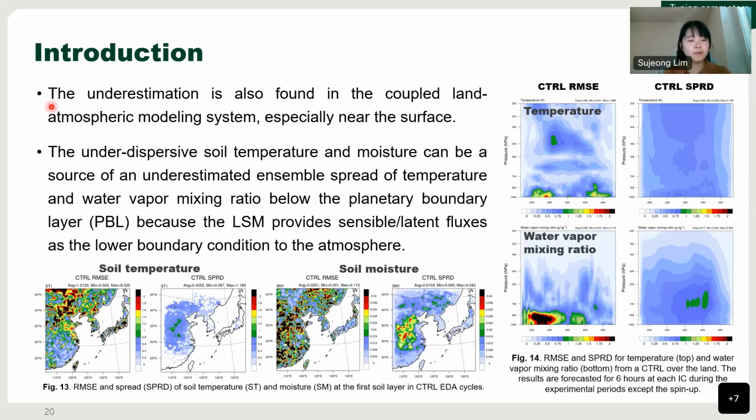And the underestimation is also found in the coupled land and atmospheric modeling system, especially near the surface. In this study, we assume that under-dispersive soil temperature and soil moisture can be a source of an underestimated ensemble spread of temperature and water vapor mixing ratio in the planetary boundary layer through the heat flux change.